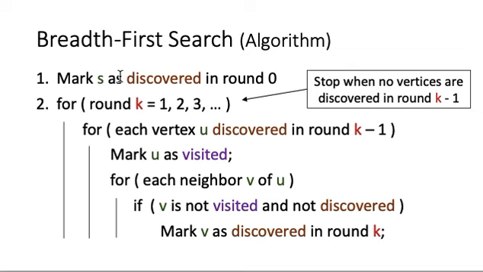In round 0, we have S. In round 1, we look at S and all the neighbors of S. In round 2, we look at all the nodes discovered in round 1, and then look at all the neighbors of these nodes, and so on. As time goes by, more and more vertices will be discovered and also visited. We stop when there are no more vertices discovered in the previous round. If there is a round with no more discovered vertices, we end this for loop.